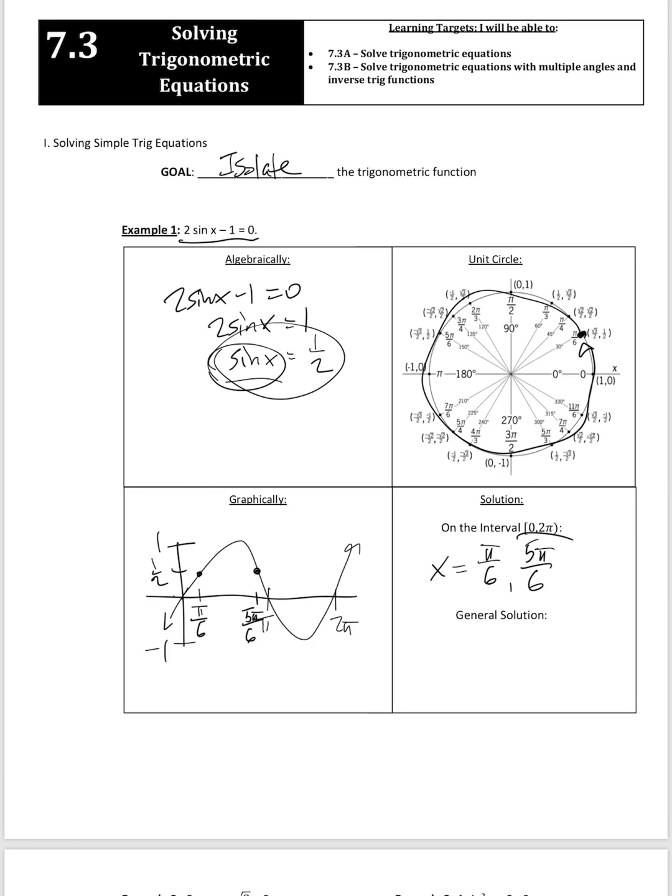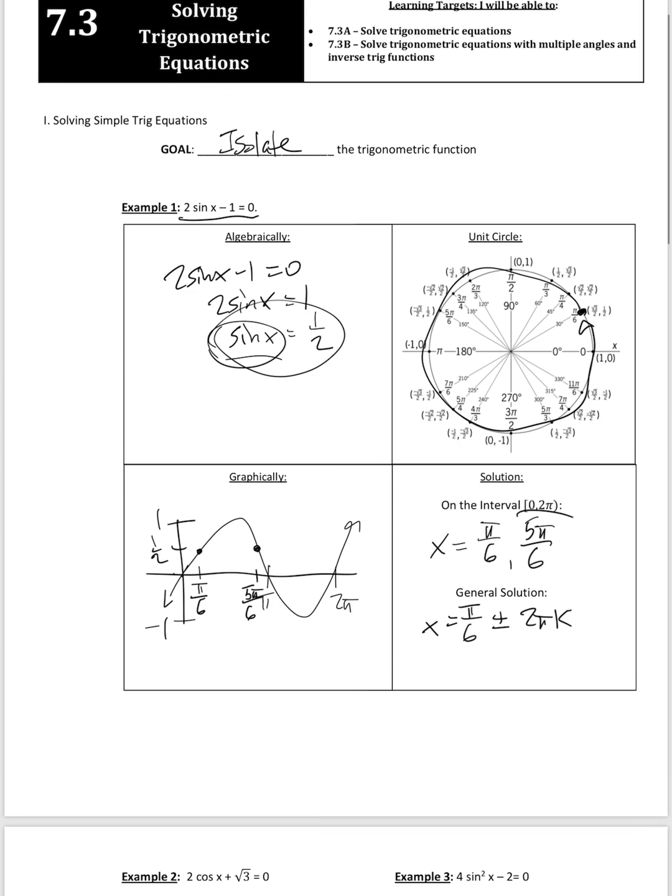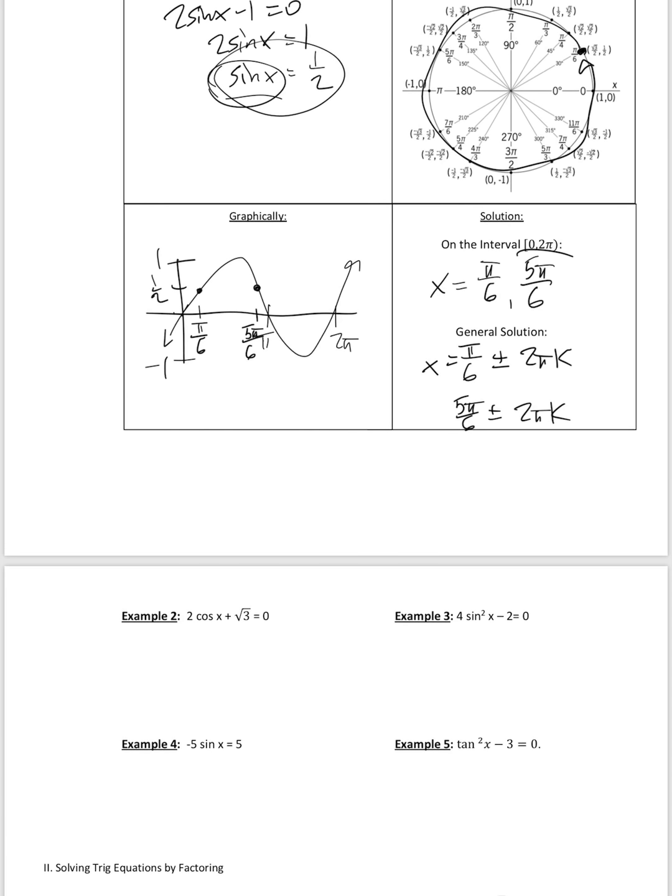So the general solution is going to look like x equals pi over 6 plus or minus any multiple of 2 pi. So I'm going to denote that as 2 pi k. K is any integer. So pi over 6 plus or minus any multiple of 2 pi. And the same for 5 pi over 6, plus or minus any multiple of 2 pi. And that's really all there is to it. Using simple algebra to solve this.